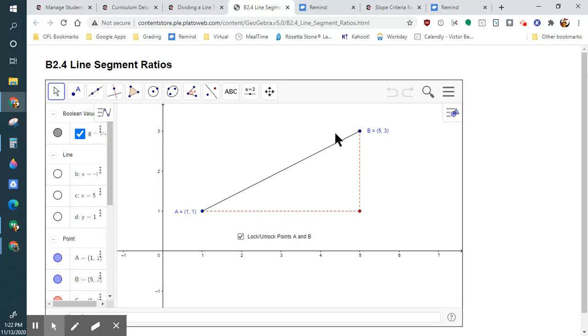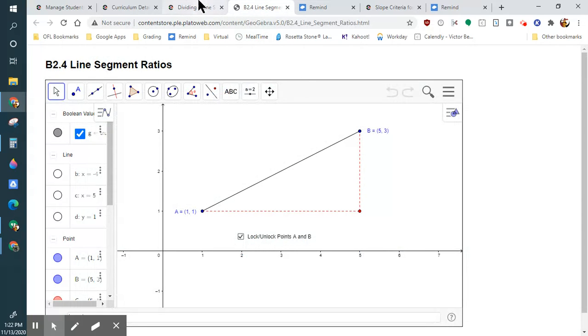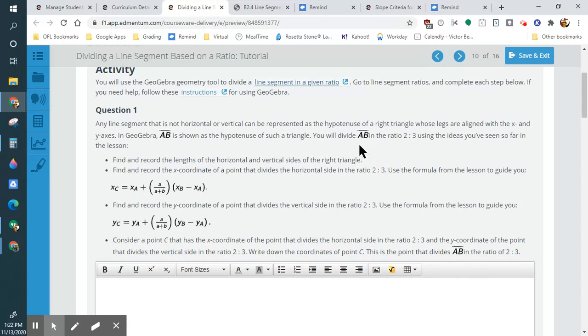So just saying any line that's at an angle can be represented as the hypotenuse. All right, that's cool. X-intercept and y-axis is in GeoGebra AB, so we already have that, such that a right angle. So it's just saying that we have this right angle here.